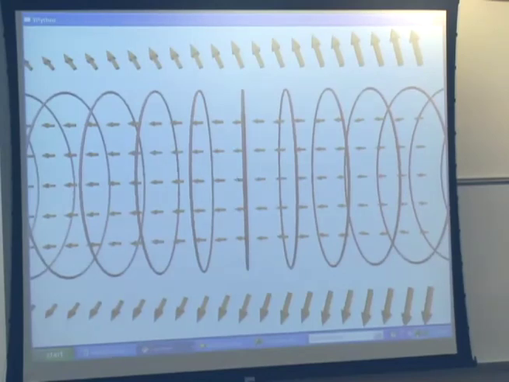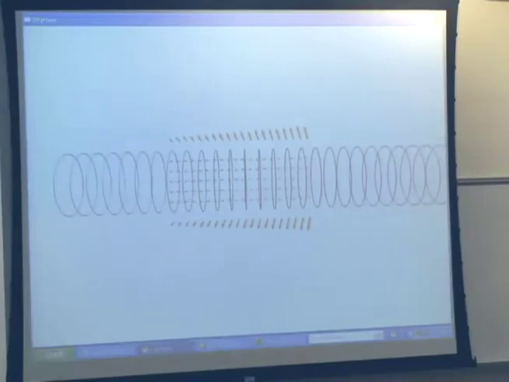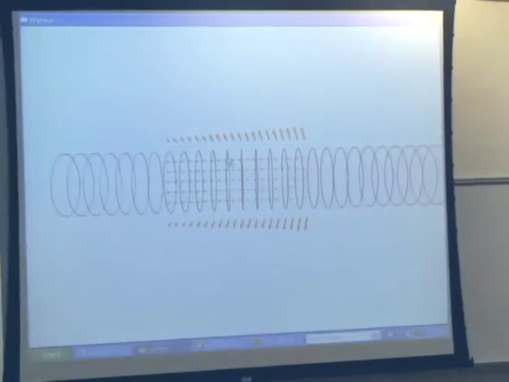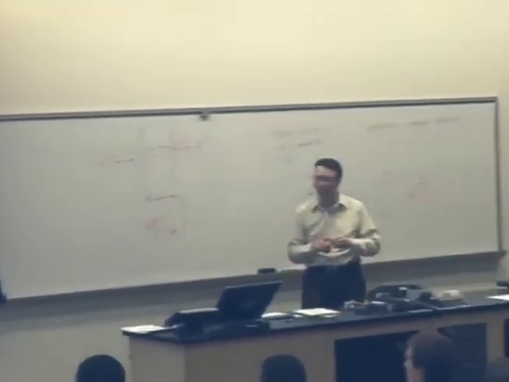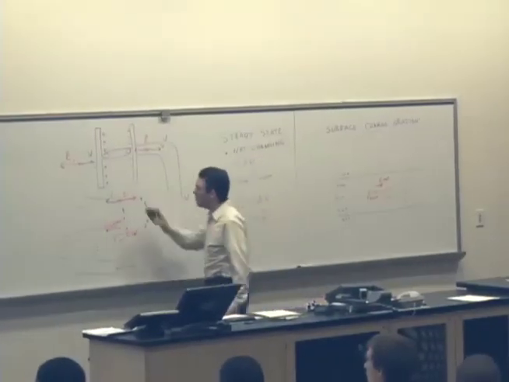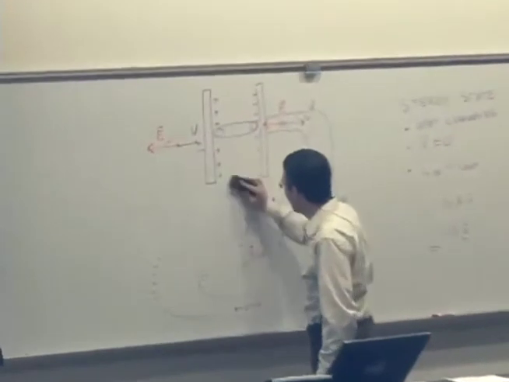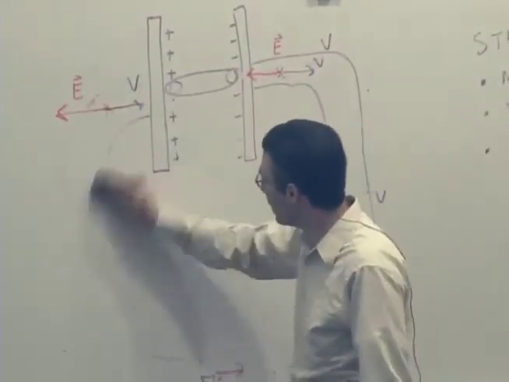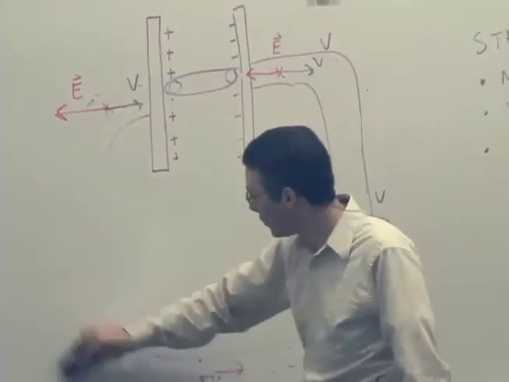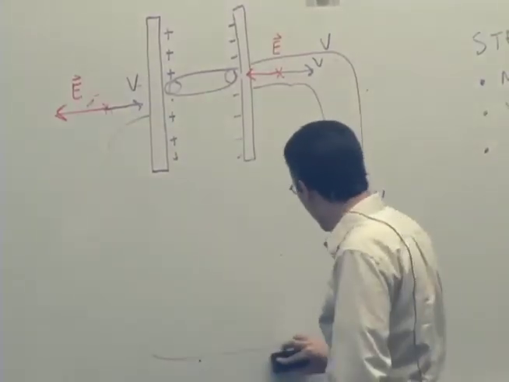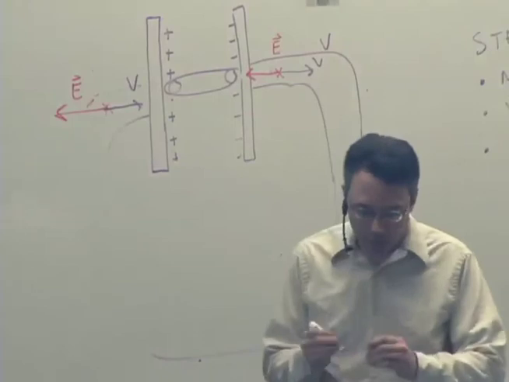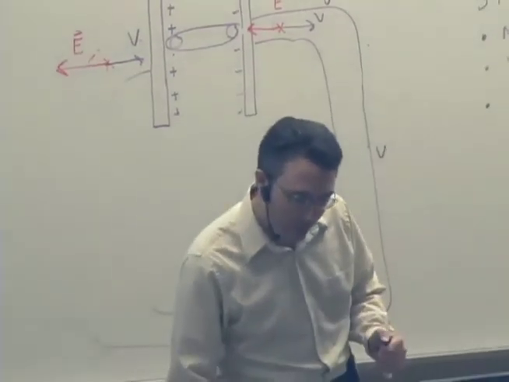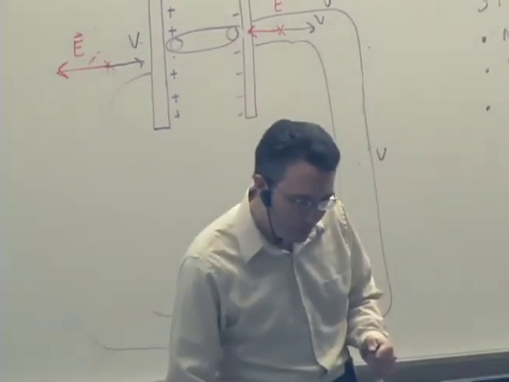Okay? And so this is just showing how we have a surface charge gradient leading to a net electric field inside the wire which can drive the current. Okay? And the bigger the gradient, generally speaking, the bigger the electric field. Let's, for example, take a look at a situation.